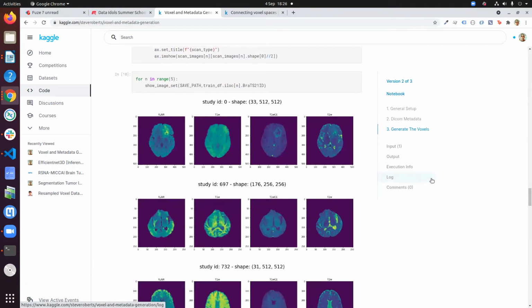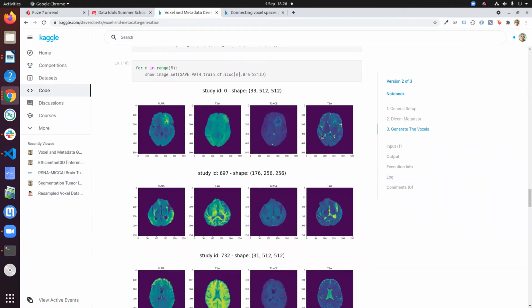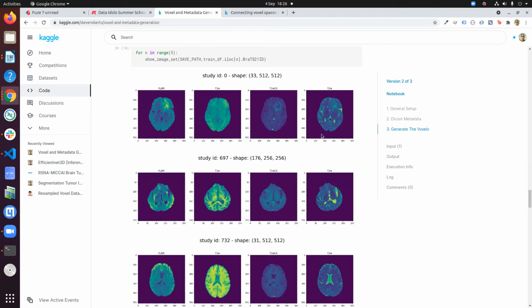If you can see these images on my screen now, these images have been generated using the Weights and Biases guy's code, but rather than using one reference for all of the study types, it uses the study type's own image. For study ID 0 here, I've used the T1W as the reference. So when it makes the FLAIR, unlike these other 2, you can see they're all pretty much identical in shape and position. It also cleans them all up.